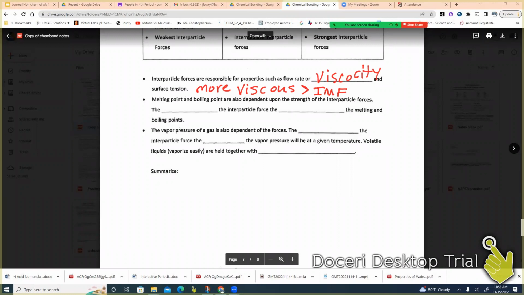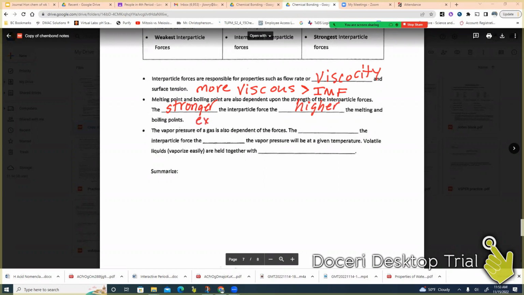Melting and boiling point are probably more common. We talk about those a little bit more, and they are also dependent upon the strength of the IMFs. The stronger the IMF is, or the interparticle force, the higher the melting and boiling points.